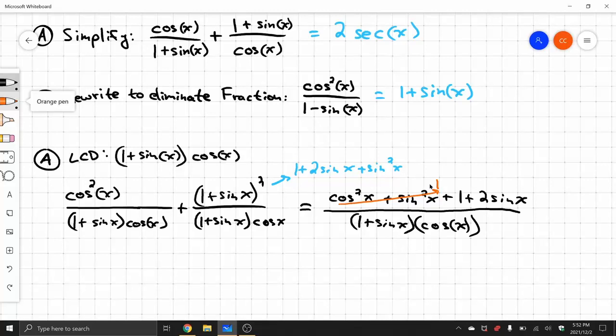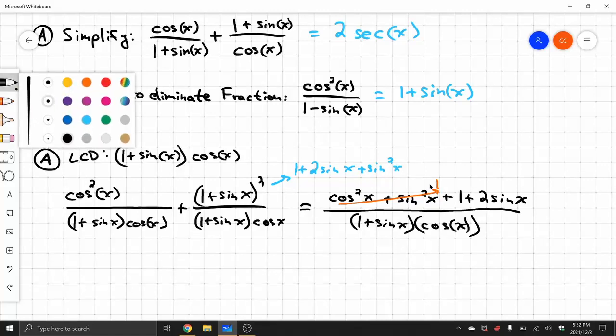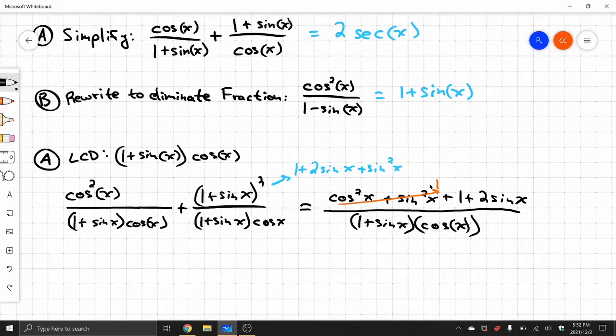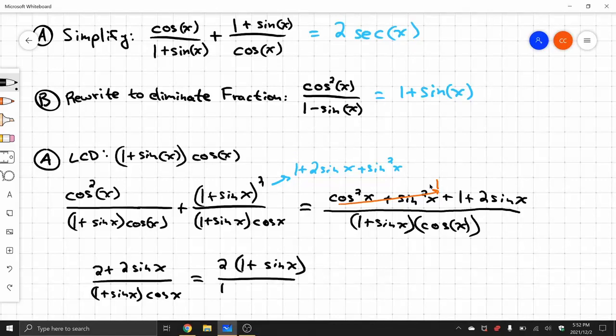Okay, so now I can have a look and say, I'm going to have 1 plus 1, so I'm going to have 2 plus 2 sine of x over 1 plus sine of x times cosine x. Okay, now I can go ahead and factor 2 out of my numerator, so I'll have 2 times 1 plus sine of x over 1 plus sine of x times my cosine x.